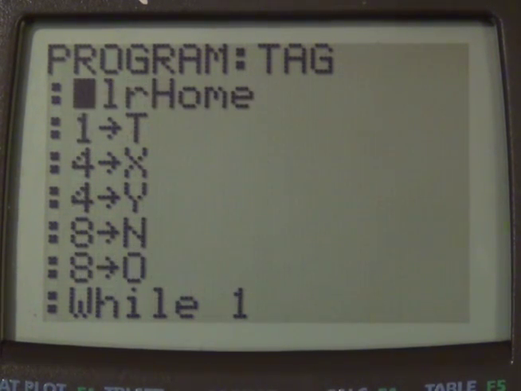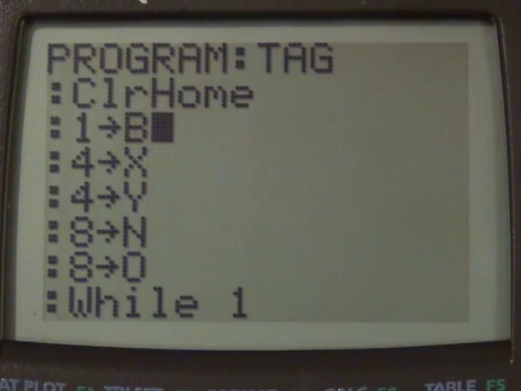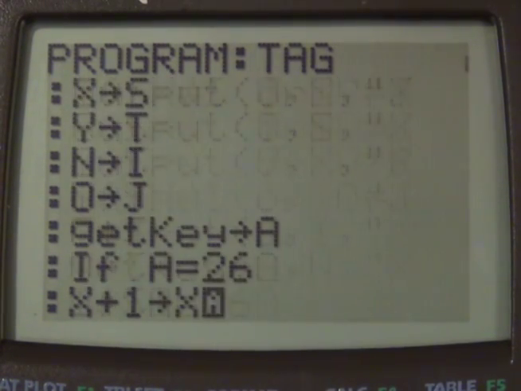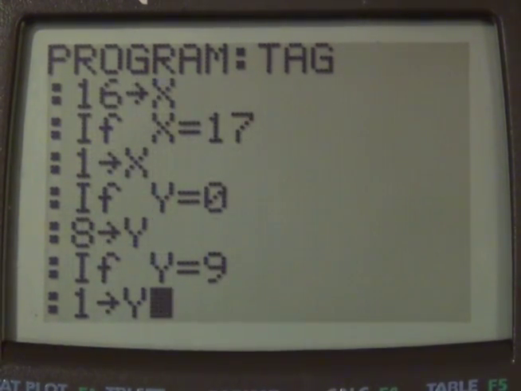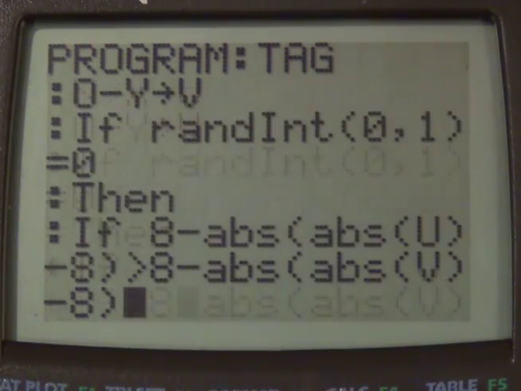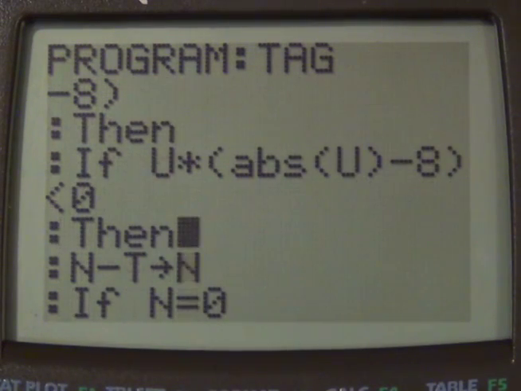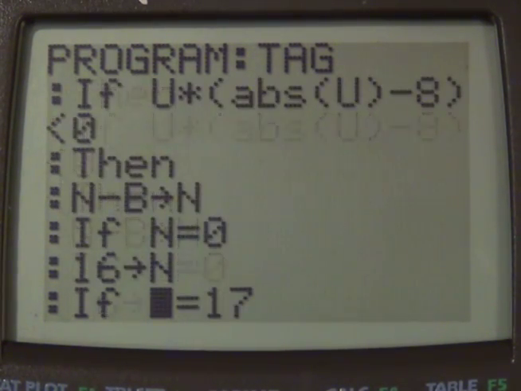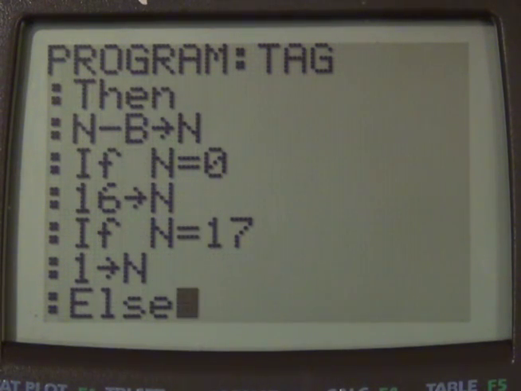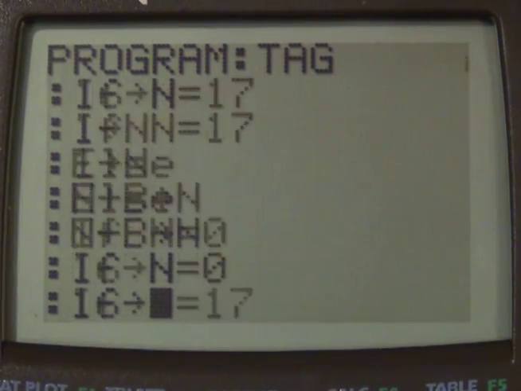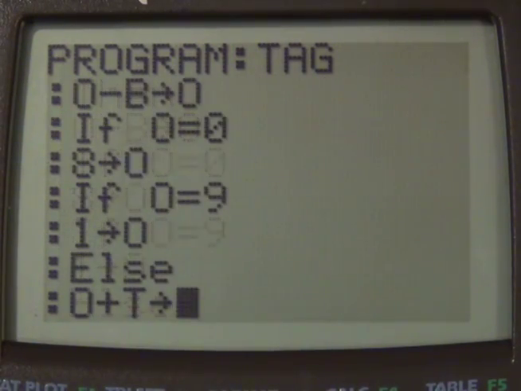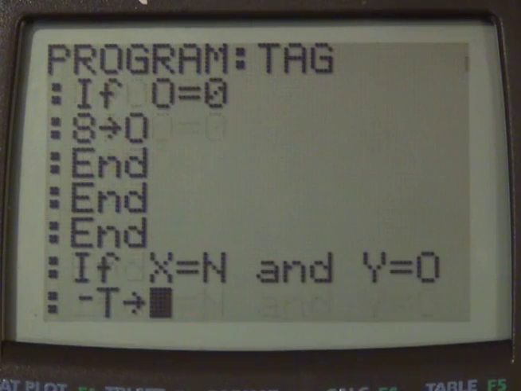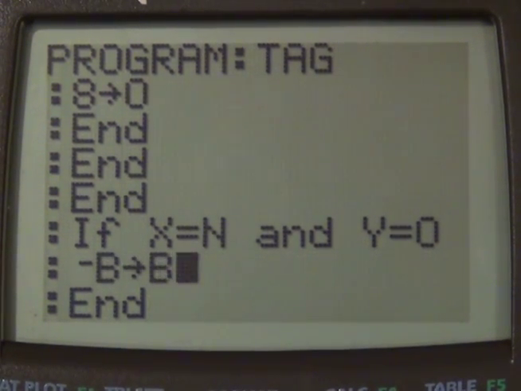Oh, I totally messed that up. Totally forgot that I'm already using T. Let's use B, because B is not in use already. And let's reverse whatever B was.